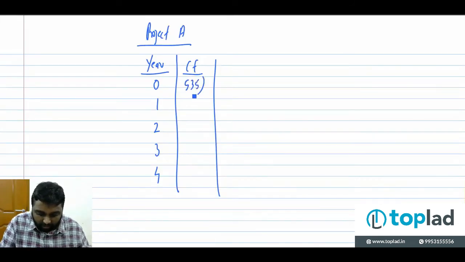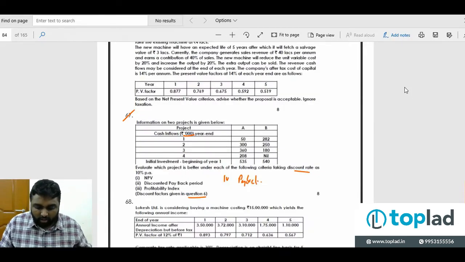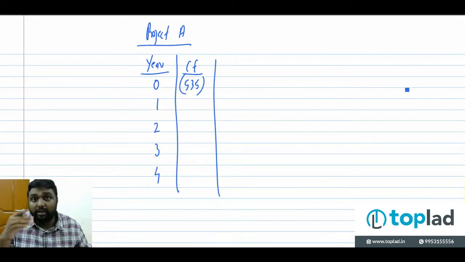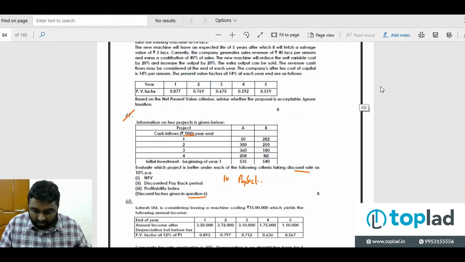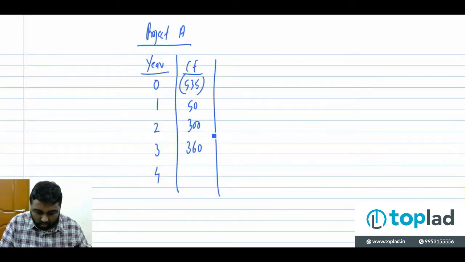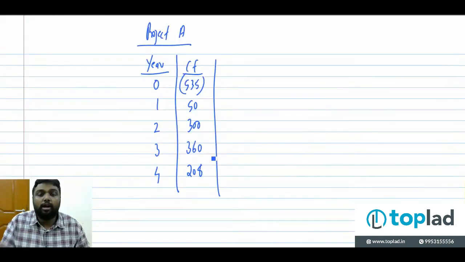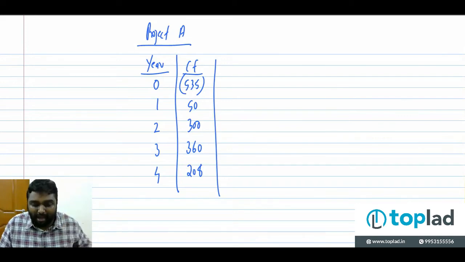Initial investment, beginning of the year means 0. 535. So investment is an outflow. So first year 50, 300, 360, 208. So we are going to do first normal payback.